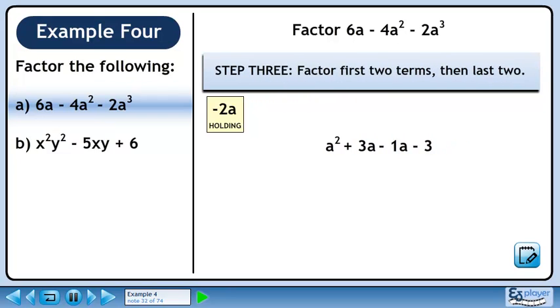In step 3, we'll factor the first two terms, then the last two. A squared is a times a. 3a is 3 times a. Factor out a to get a times a plus 3.